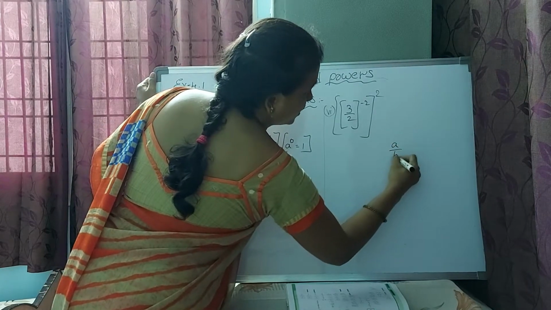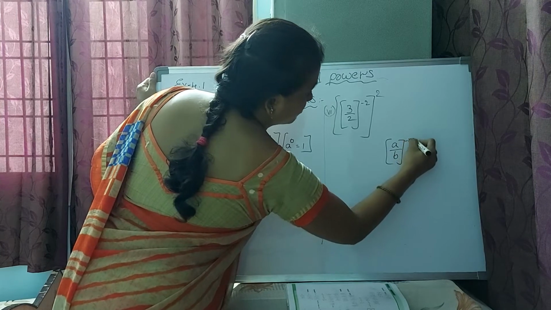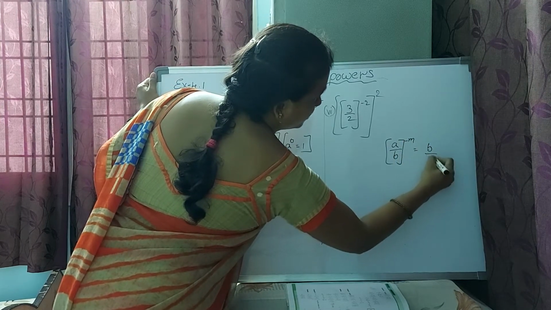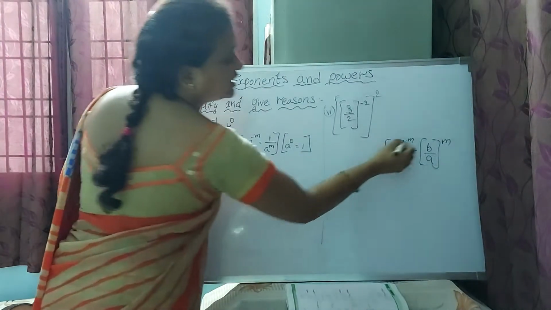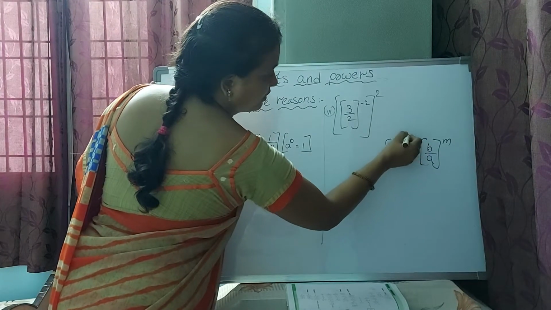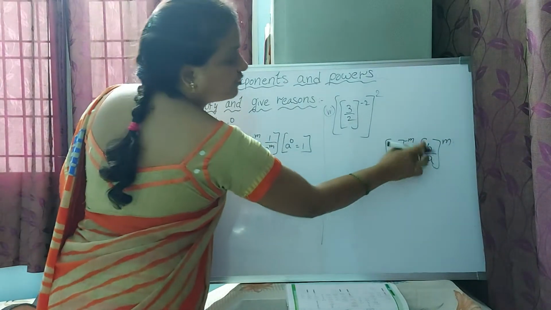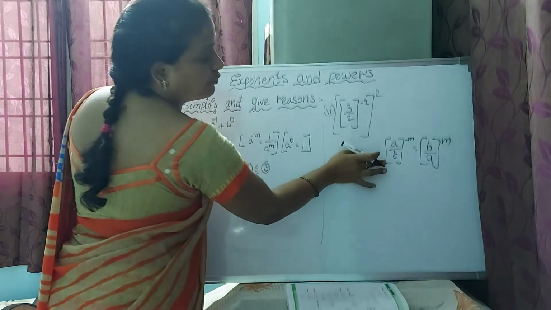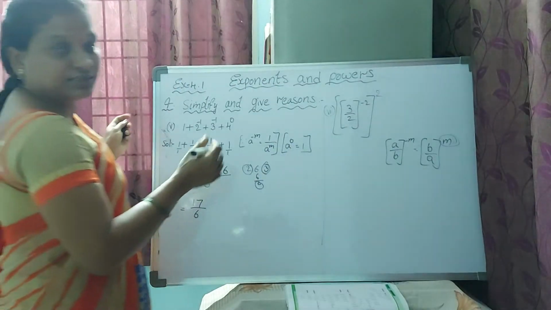A by B whole power minus m is equal to B by A whole power m. We can change this negative power into positive power. When it becomes reciprocal, this A by B becomes B by A, which means this will become positive. According to that I am changing.